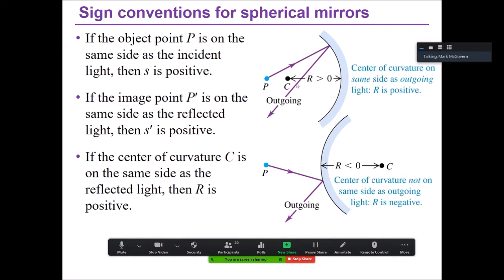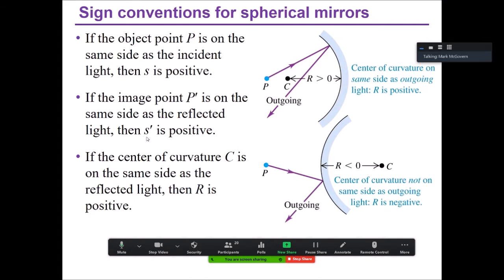So this is positive for concave. Your radius of curvature and point are on the same side, and same thing over here. S is how we're going to indicate our object distance. If we're on the same side as our point, it's positive.